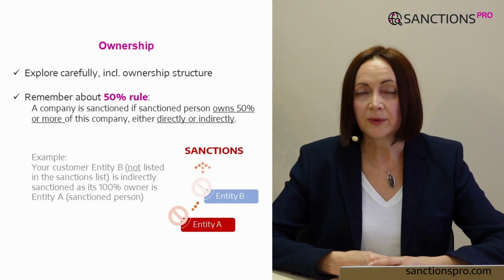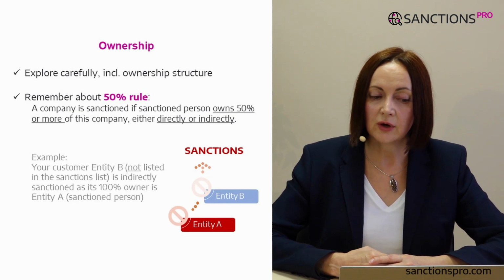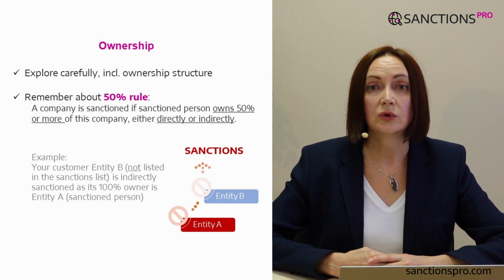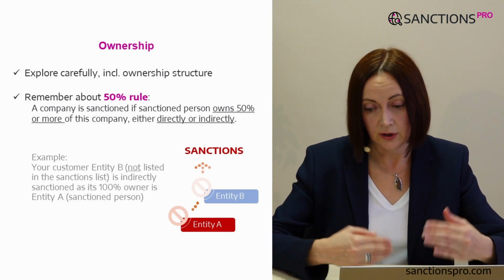Also, you need to have information about the representatives of your customers. That means beneficial owners, shareholders, directors of your clients, authorized persons, signatures. And what is probably the most important here is understanding who is the owner or beneficial owner and what percentage of shareholding he or she has.